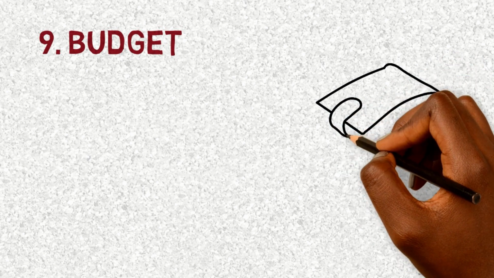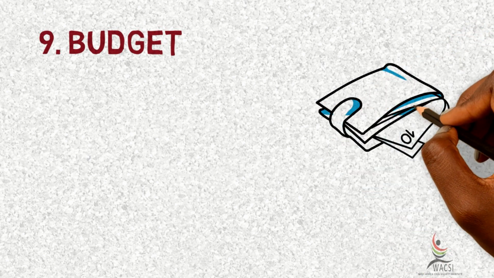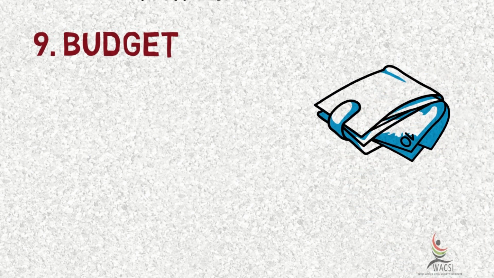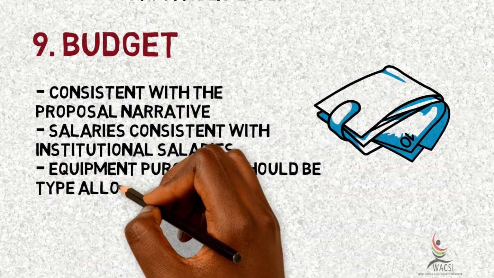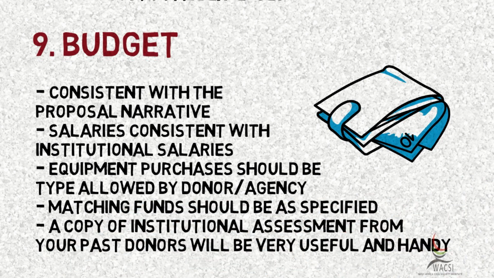Another important aspect of budgeting is that it should be consistent with the proposal narrative. Salaries must be consistent with your institutional policy. Equipment purchases should be the type allowed by the donor or the agency. If this is a situation where you have to get matching funds, this should be specified within the budget.